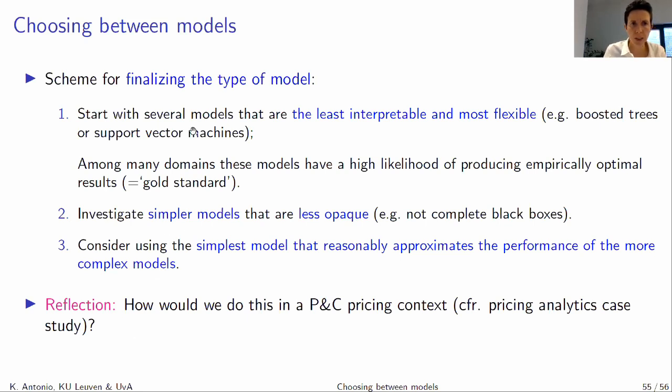This is an idea we'll see coming back again later on in the course. Do keep in mind that the fact that we constructed our GLMs as an approximation of our GAMs earlier on would be an example of this recipe that I tried to explain on this slide.